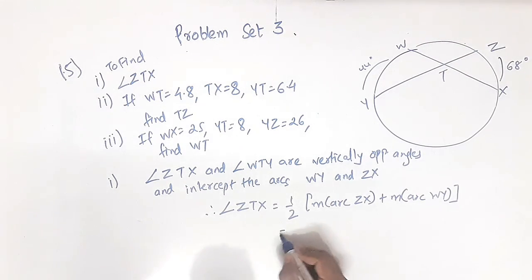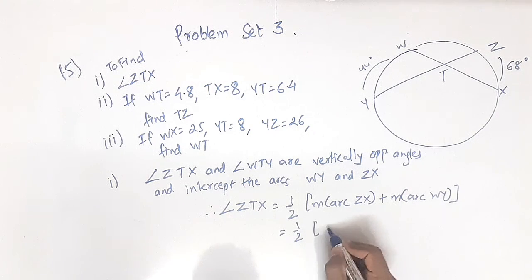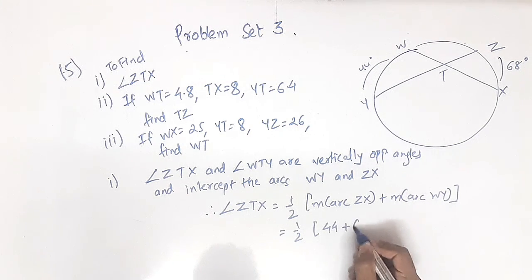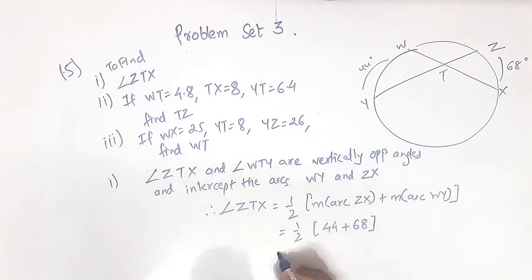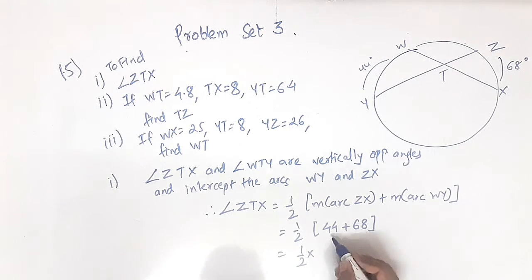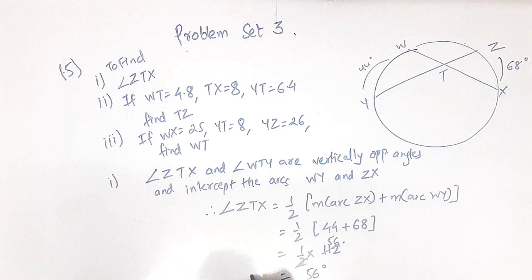So it is half of 44 plus 68. What is 44 plus 68? Let us add: 68 plus 32 is 100, so 12 more. It will be 112 degrees. What is half of 112? 2 fives are 10, 1 remains, it is 56 degrees.